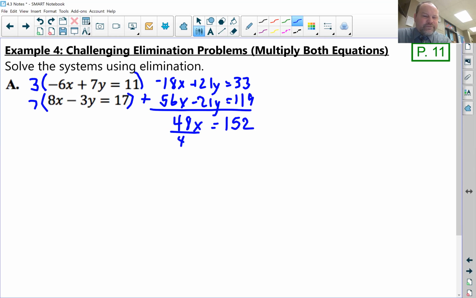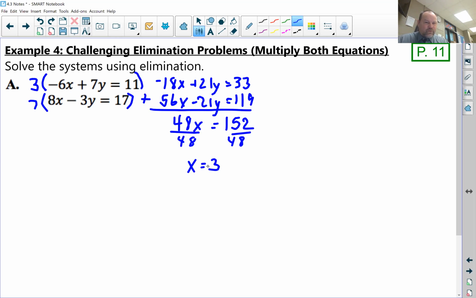Divide by 48. 152 divided by 48 is 3. Again, if you need to, go ahead and use a calculator to verify that, or as you're working in your homework, you will have a calculator available to do those calculations.